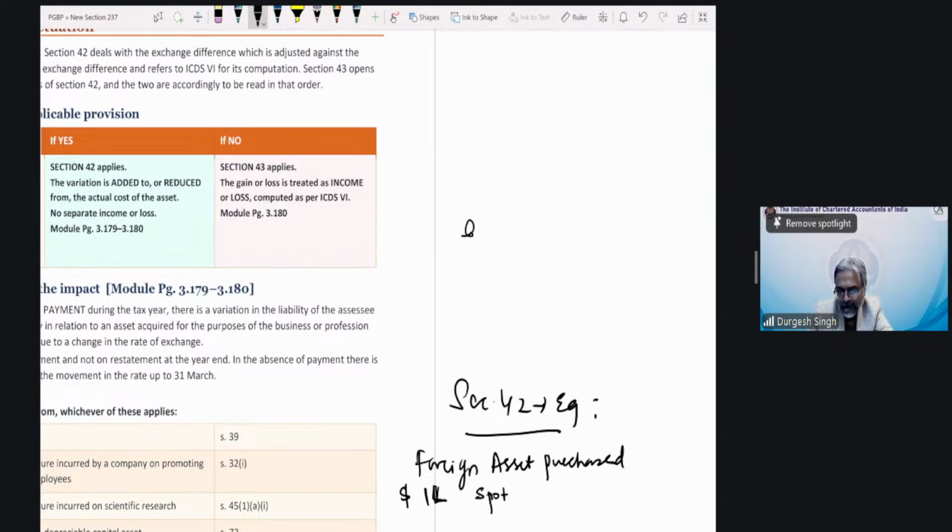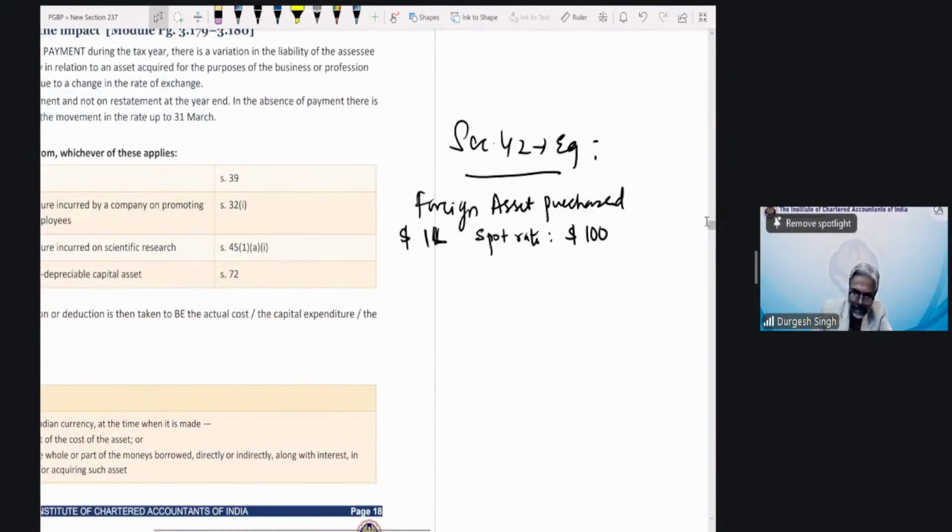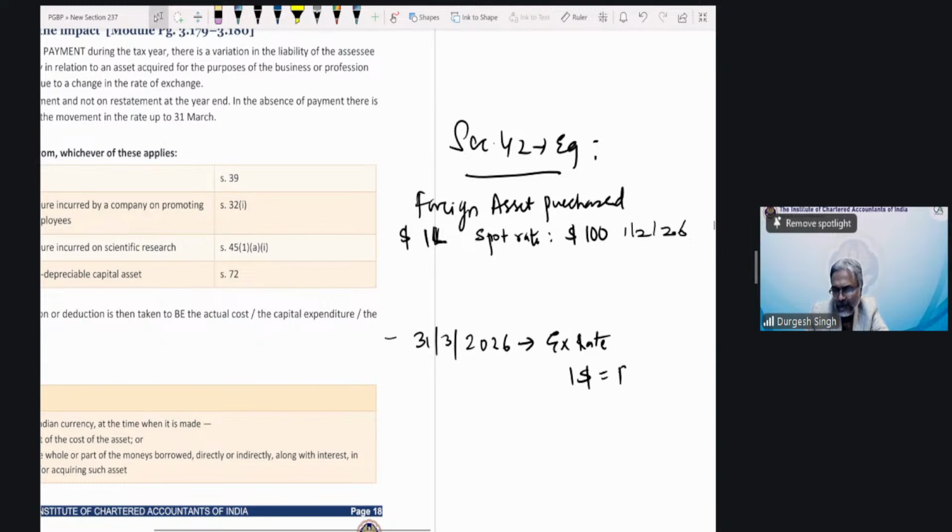The spot rate was rupees 100 per dollar, students. The date was, say, 1st of February 2026. Now on 31st March 2026, the exchange rate was $1 equal to rupees 110.